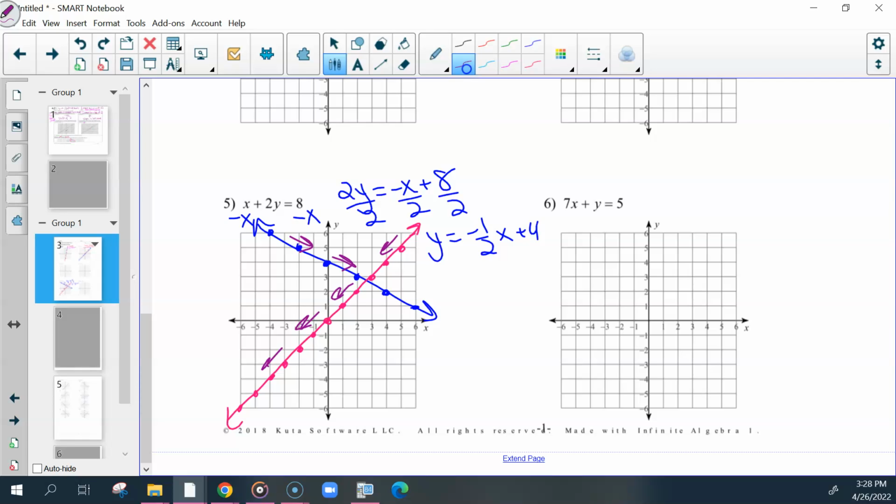Also, 1/2, even though it's negative, by default it's less than 1. Disregard the negative because that part doesn't matter. What matters is the actual number itself. So the 1/2 is smaller than 1, so this would be less steep. And then looking at the y-intercepts, we have a y-intercept of 4 and a y-intercept of 0. The 4 is higher, so that would be a shift up 4.